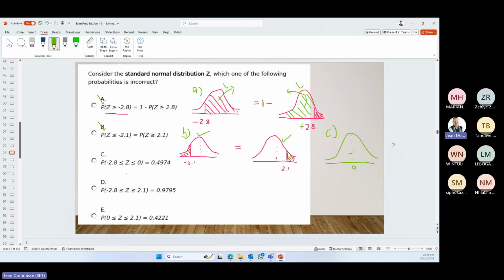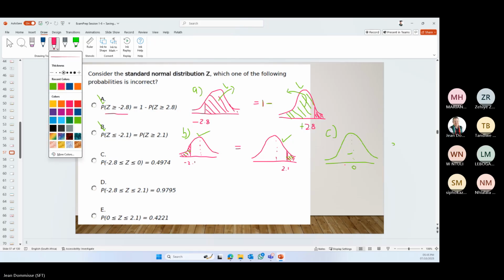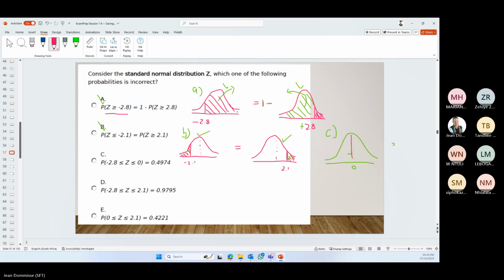What's the probability that Z is smaller than 0, but bigger than minus 2.8? So minus 2.8, we want to know what is that area.